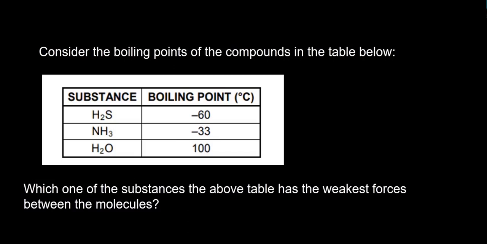There are three substances. We've got hydrogen sulfide, there it is, hydrogen sulfide. We've got ammonia there, and we've got water. From our previous discussions, we know that these two substances have intermolecular forces of hydrogen bonding.